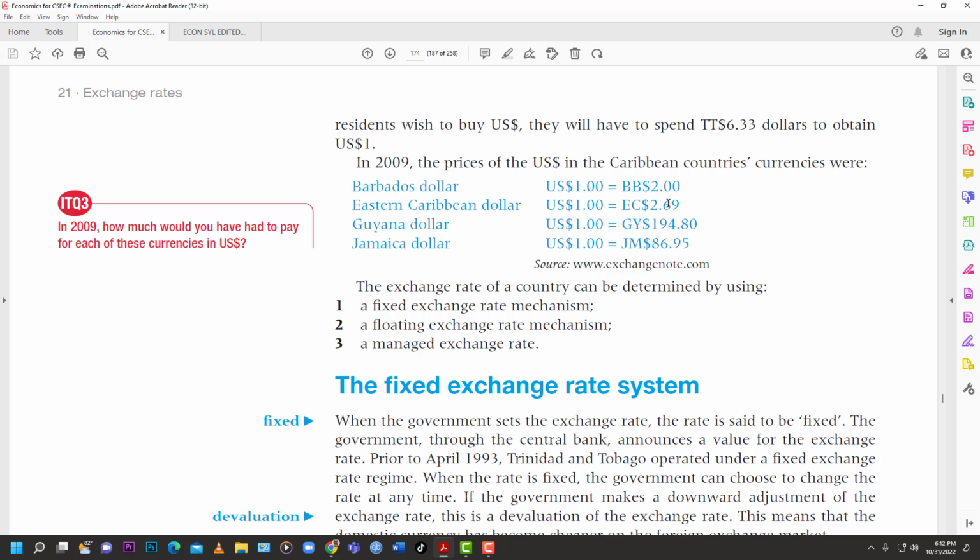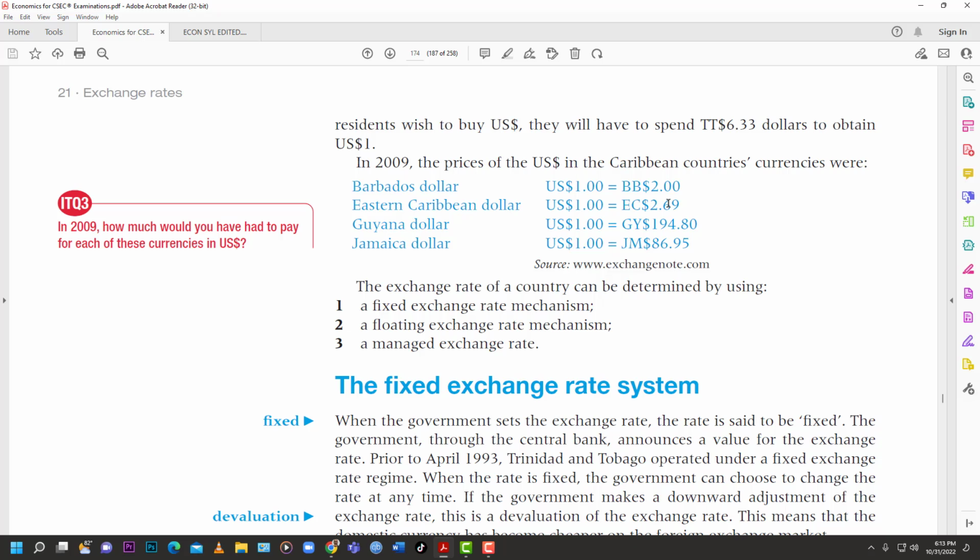So you see how far the Jamaican dollar has fallen in terms of value versus the US dollar, because today 1 US dollar equals 153 Jamaican dollars. You can see that the value of the Jamaican dollar has fallen since then, right? Because this was 2009, we're in 2022, so a lot has changed since then. So that's just a little synopsis.